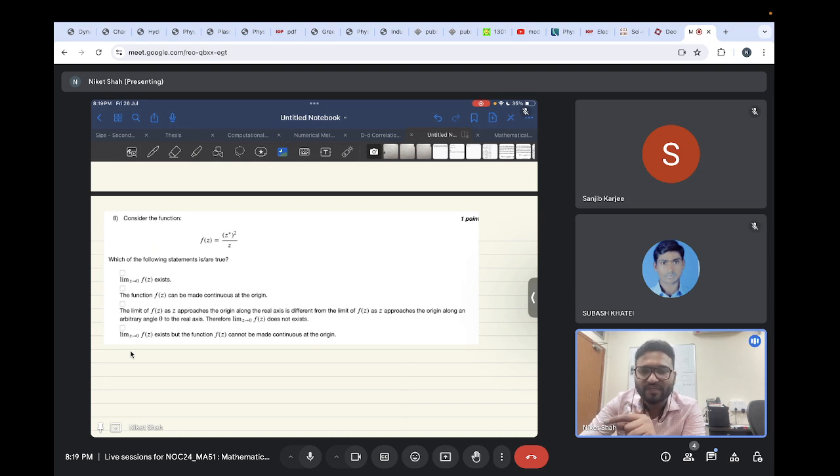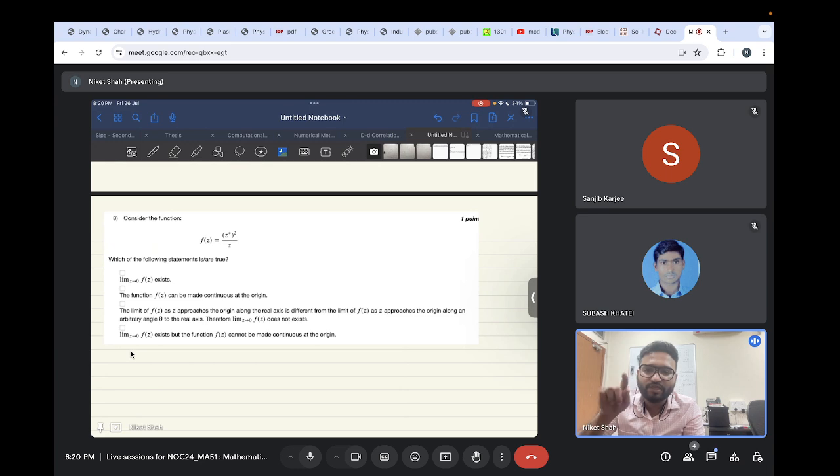Firstly, we'll check whether the limit exists or not. We'll check in all directions. Not all directions, three are good enough. So you check along x, you check along y, you check along some random direction x equal to y. And if in all these three directions the function approaches the same value, then you know that the limit exists.